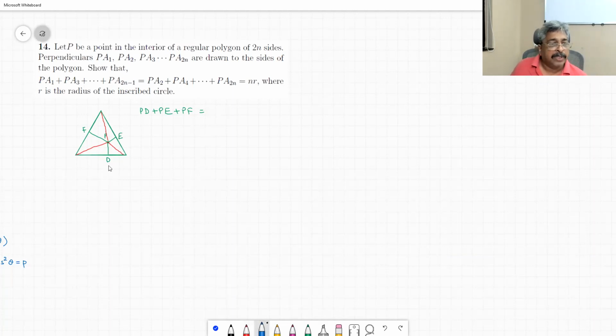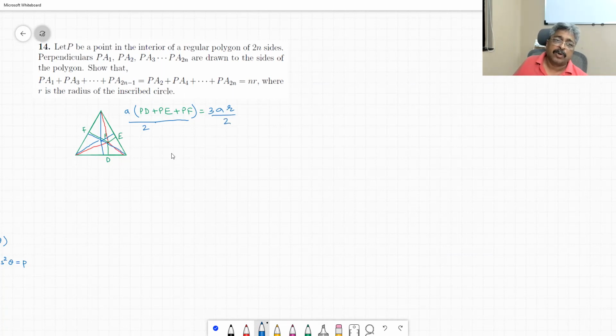But now what I am going to do is put the circle in the center and drop perpendiculars and make it R. Then I will equate the area created by these 3 triangles, which are congruent triangles. The area of each triangle is A times R upon 2, so the total is A times R plus A times R plus A times R, that is 3AR upon 2.